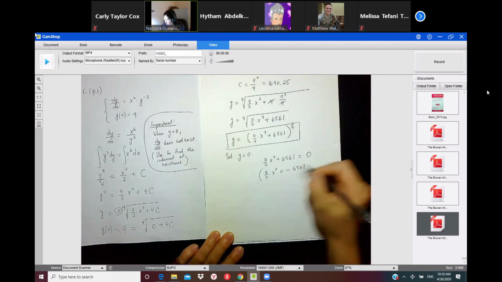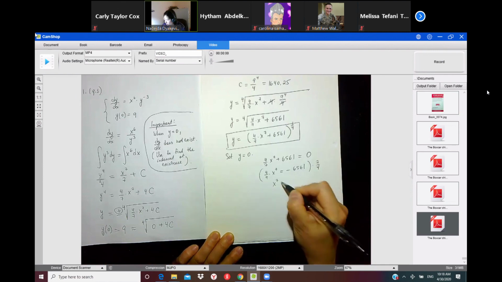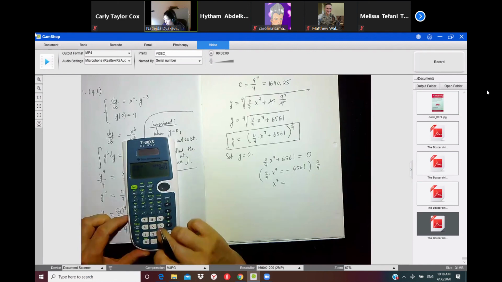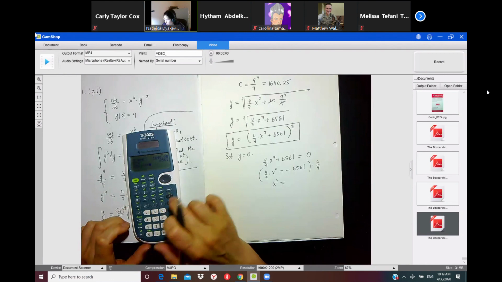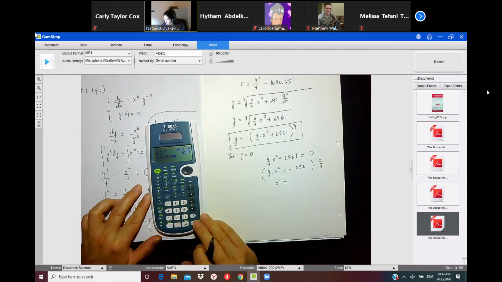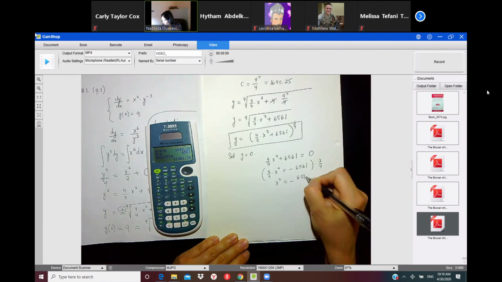I'm going to multiply both sides by 7 over 4. So x to the 7 here is negative 6561 times 7 divided by 4. Let me keep it as negative 6561 times 7 over 4.